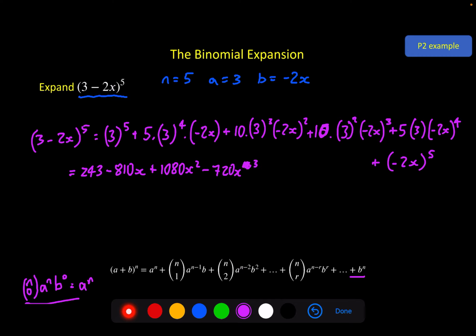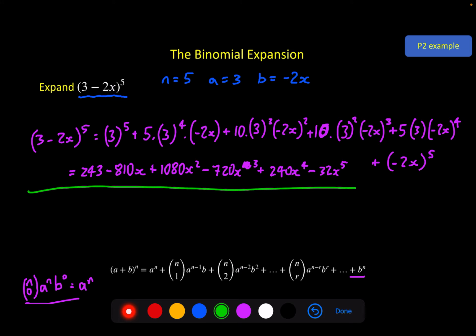Then 5 times 3 times 2 to the power 4, 240, and that is power 4. And then 2 to the power 5 is 32, and that's a negative 32x to the power 5. And there we have our final answer.